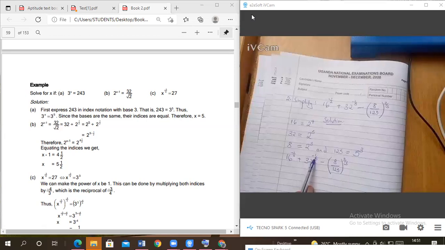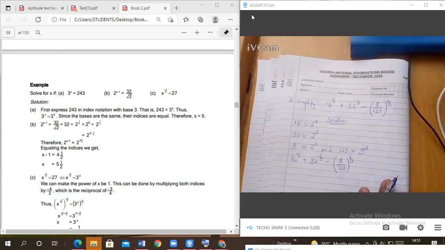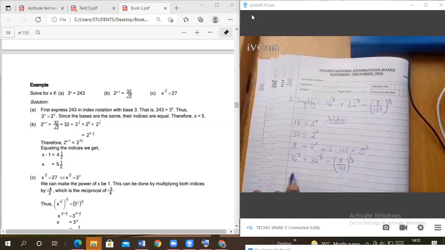The reciprocal of 16 is the same as 1 out of 16. Now, this time we have got the reciprocal, members, so the power will become positive.